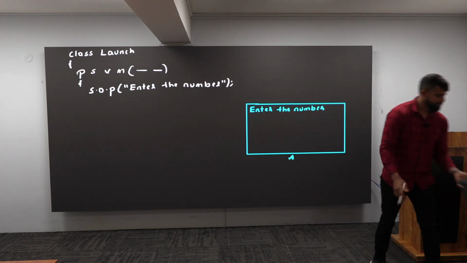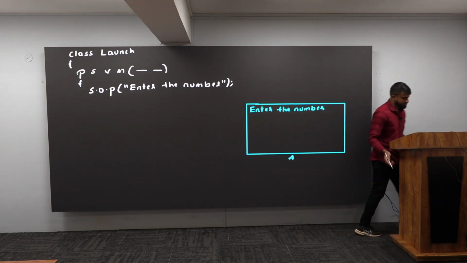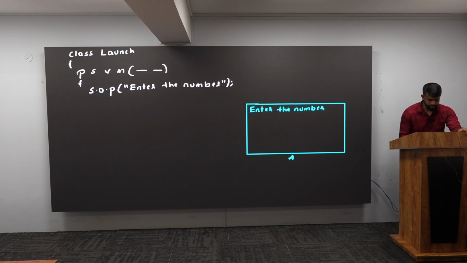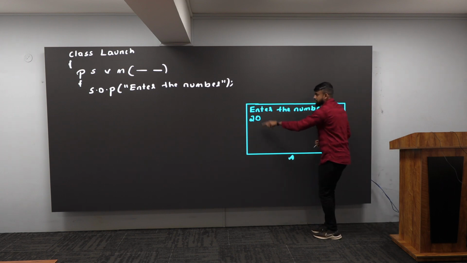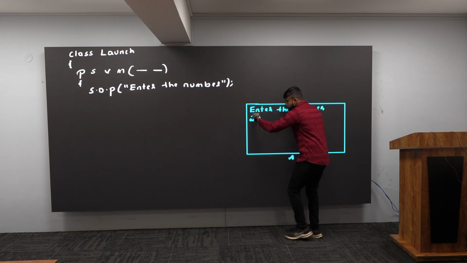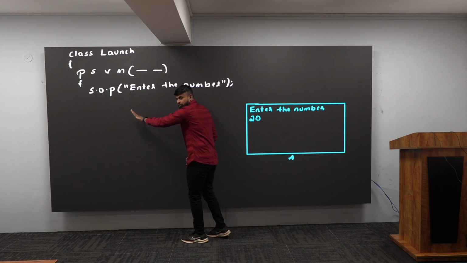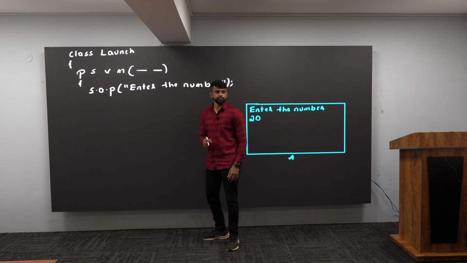If you ask me, buckle up and watch it. As a user, I will enter it as a 20, like this. If I hit enter, what should my program do? Program should take 20 and put it inside my program. That is what I have to do.